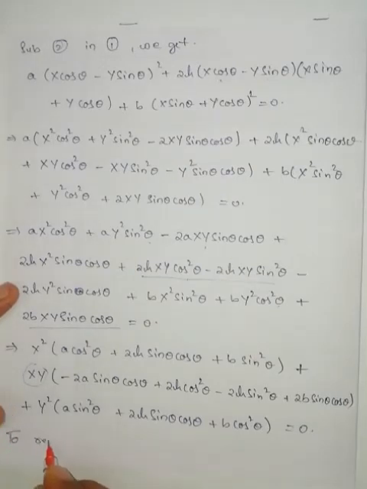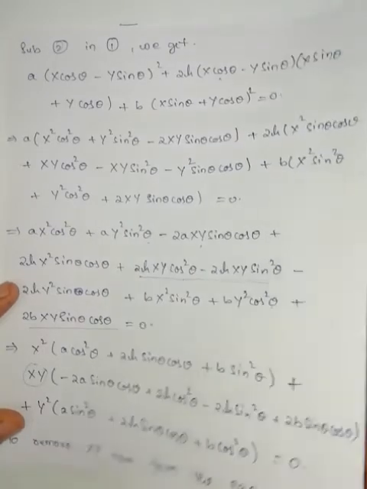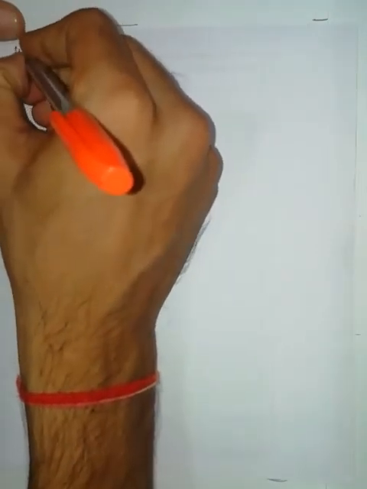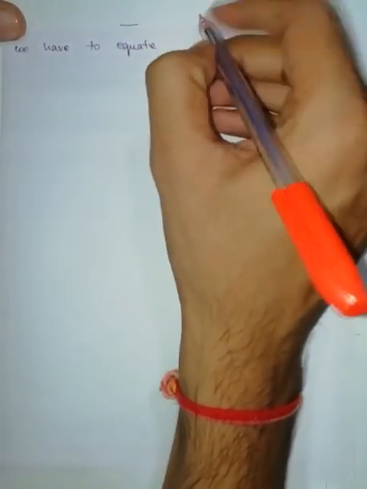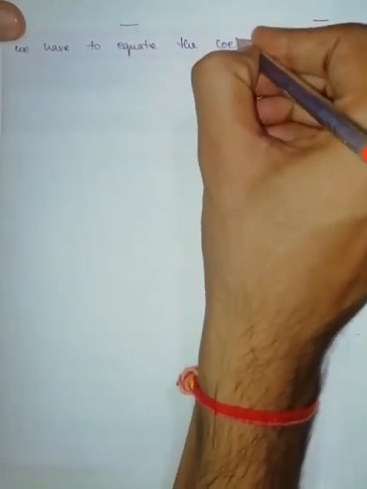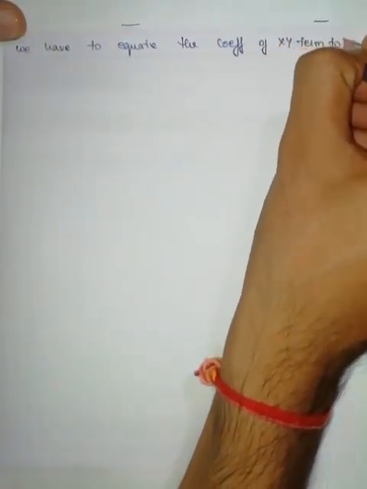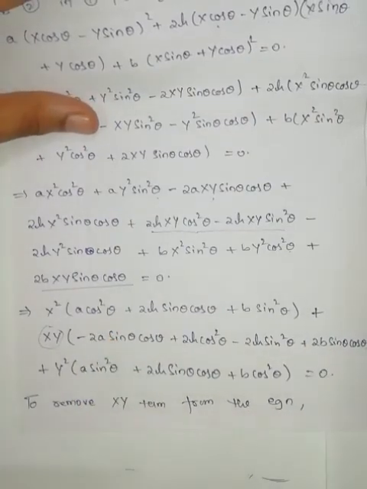To remove capital X into Y term from the equation, we have to equate the coefficient of capital X capital Y term to 0. That is, this bracket we have to make 0.